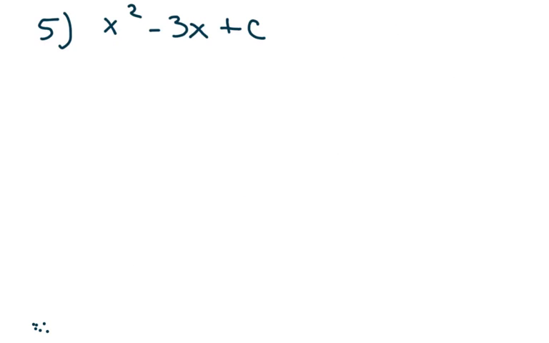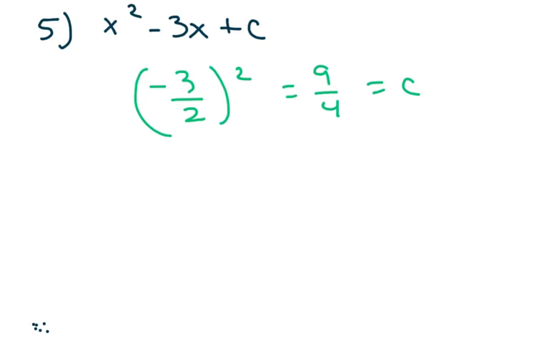This one is going to be a fraction, so don't get scared. We're going to take negative 3 over 2 squared, which equals 9/4. So that equals your c. And then we're just going to write x minus half of this. So half of 3 is 3/2, squared. That's it.